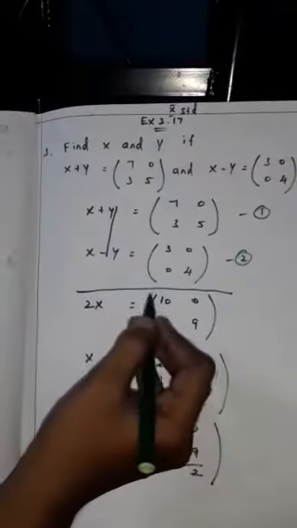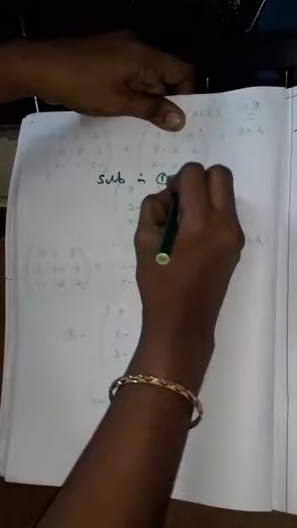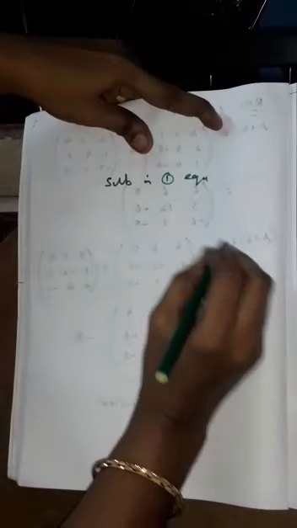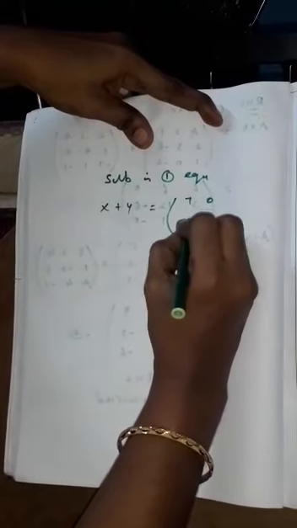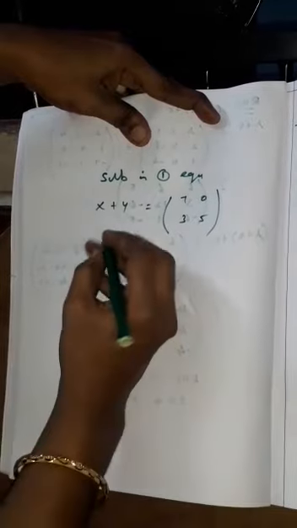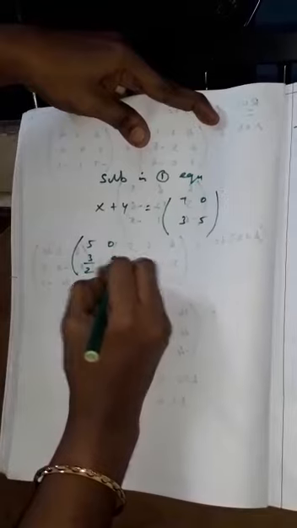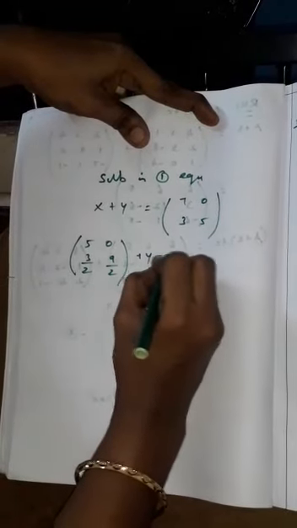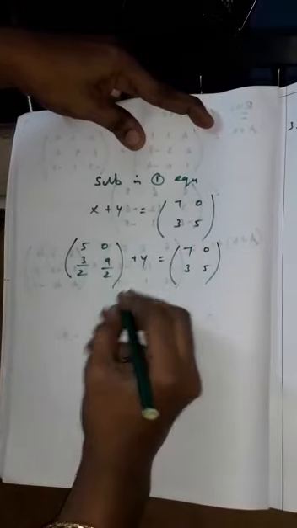Okay, so substitute this x value in the first equation or the second equation, any one equation. So first substitute in the first equation. What is the first equation? x plus y equal to [7 0 3 5]. So substitute the x value, x equal to [5 0 3/2 9/2], plus y equal to [7 0 3 5]. So find the y value only.